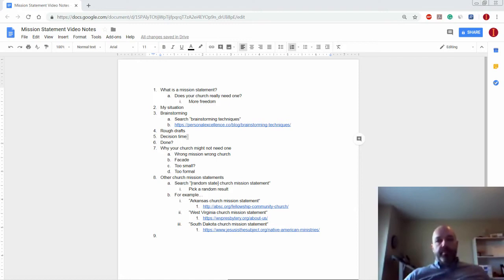So a mission statement is basically a sentence, or it can be a group of sentences, a couple of paragraphs that serve as the basis, and this is kind of my definition of a mission statement. They serve as a basis, these words, for every decision that you'll make going forward.